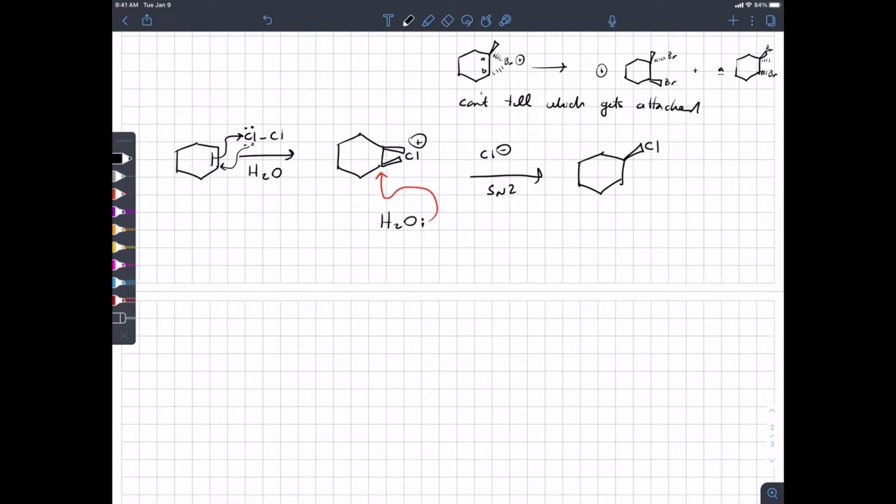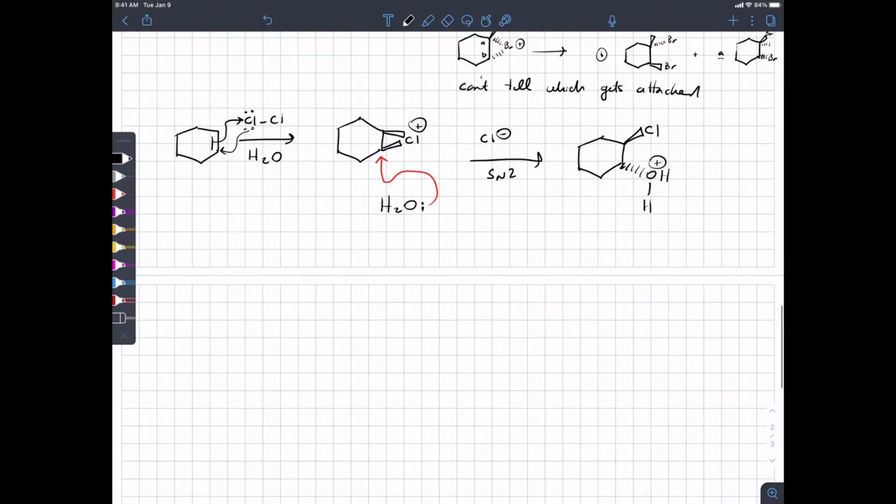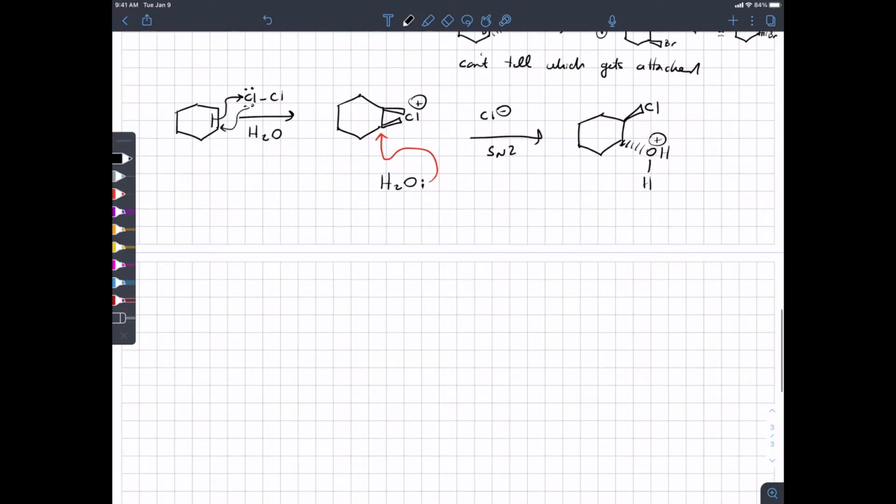That's going to give us an anti-relationship between chloro and the water nucleophile. A and B in this case are identical, so I would have to get the other enantiomer as well, which I will draw here. And then finally another molecule of water.